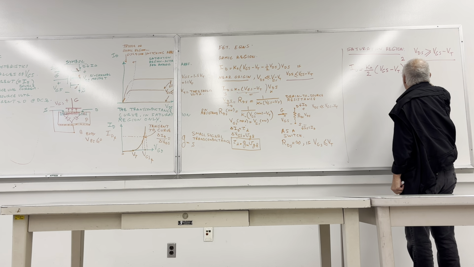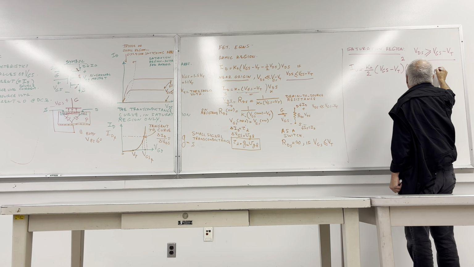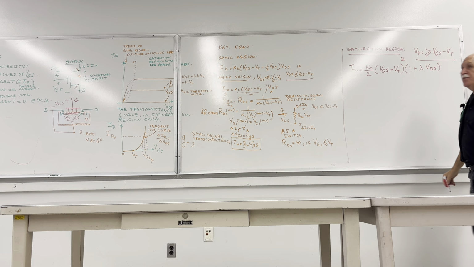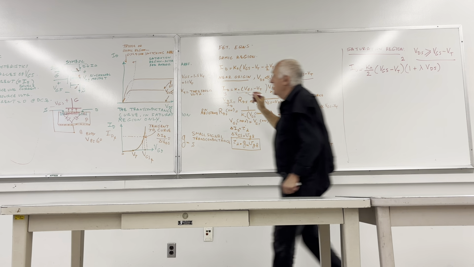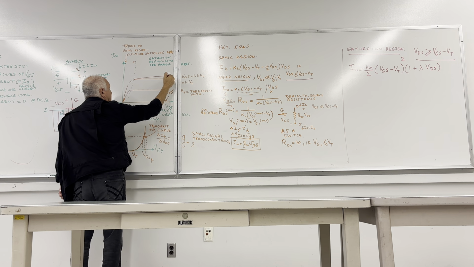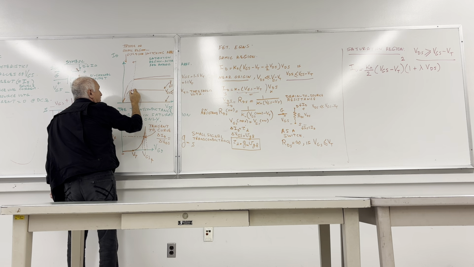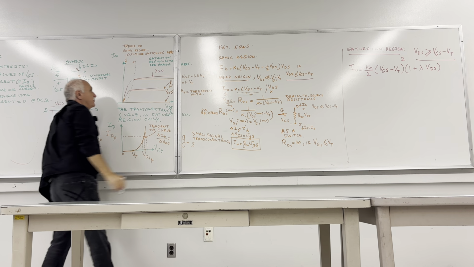Often it is modified with a coefficient, lambda times VDS, which makes the drain current somewhat dependent on the drain to source voltage. Now, that arises here, allowing for the fact that the lines are slightly slant, and this is when lambda is greater than 0.